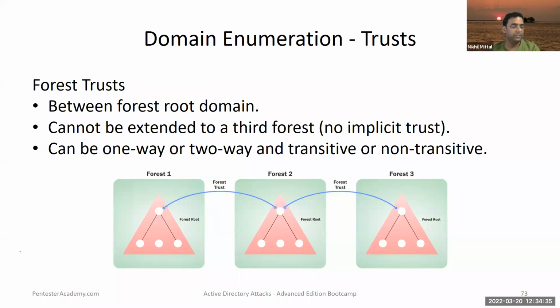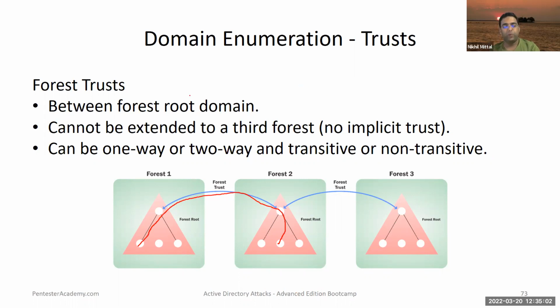However, this can be said to be transitive. What does that mean? If the forest trust is transitive, that would mean that a domain in forest 1 can access resources in another domain in forest 2. Not only the root domains, but the child domains in respective forests as well.